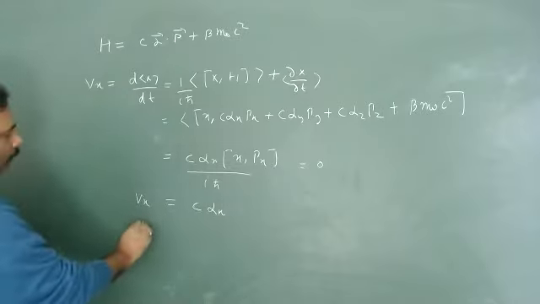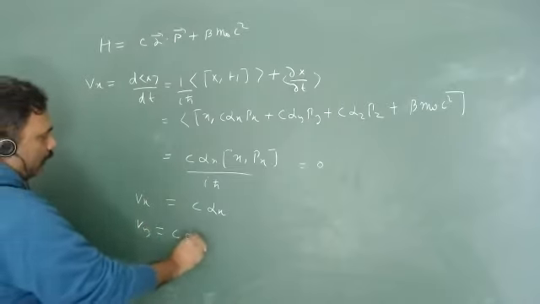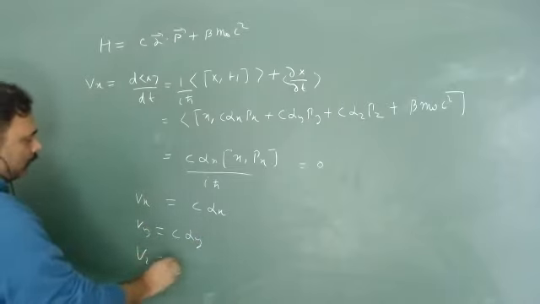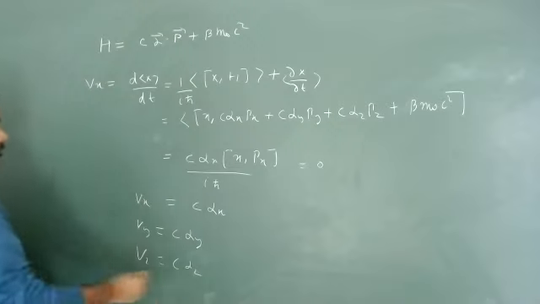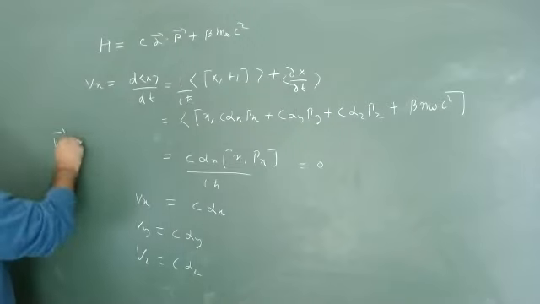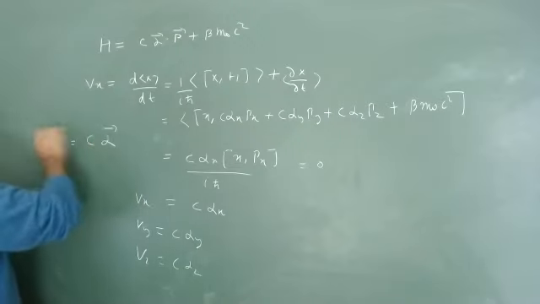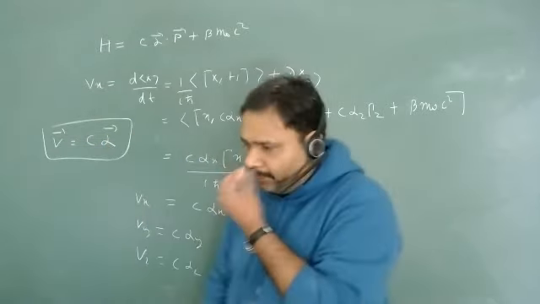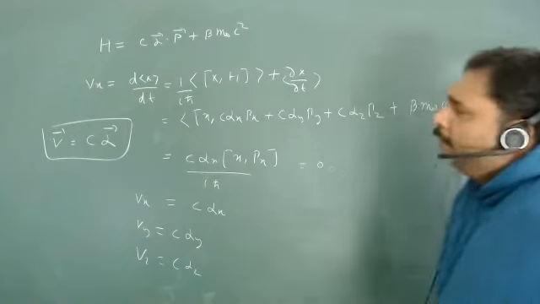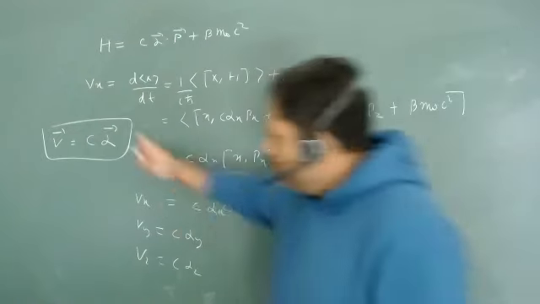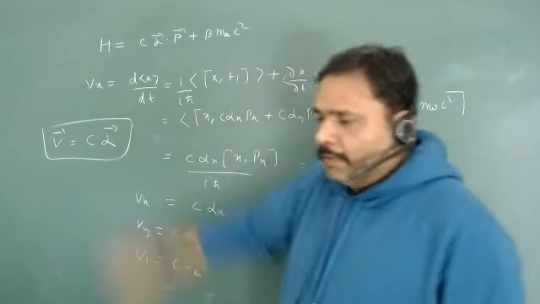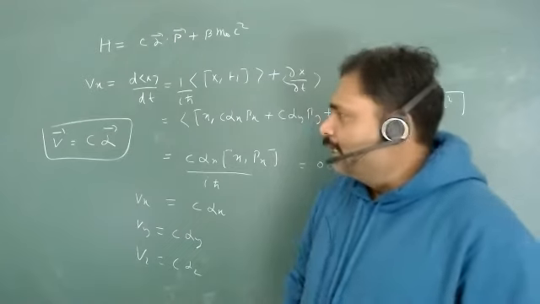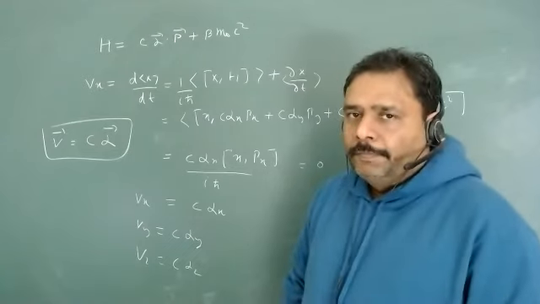Similarly, what will be my Vy? C alpha y. What will be my Vz? C alpha z. So if I want to write my V, I can write C alpha. This is the velocity of a particle, if I am talking about a Dirac particle. And we know what this alpha is in 4x4 matrix, isn't it?